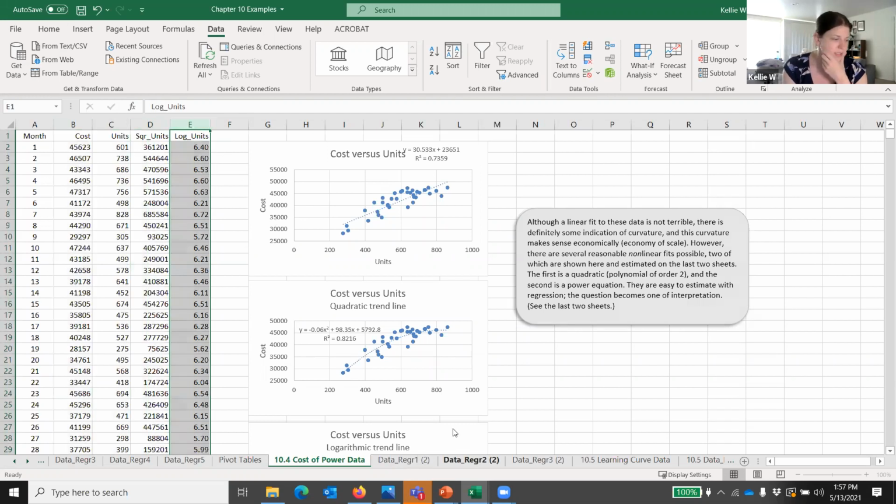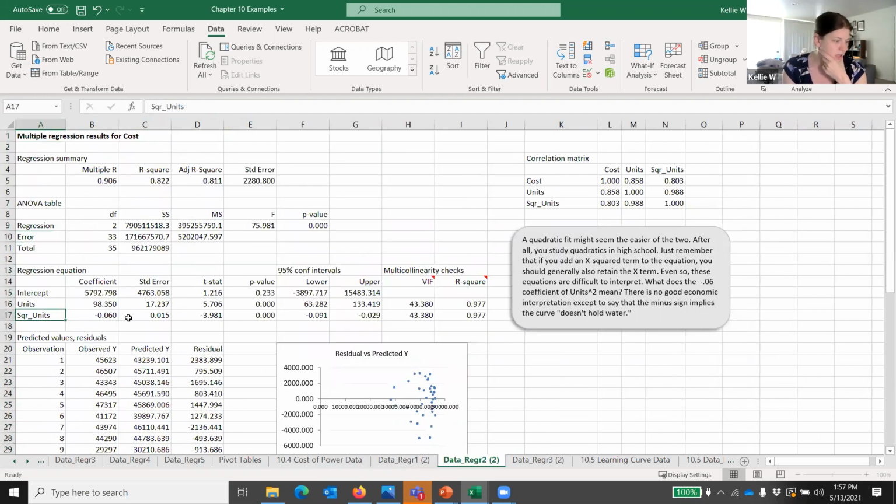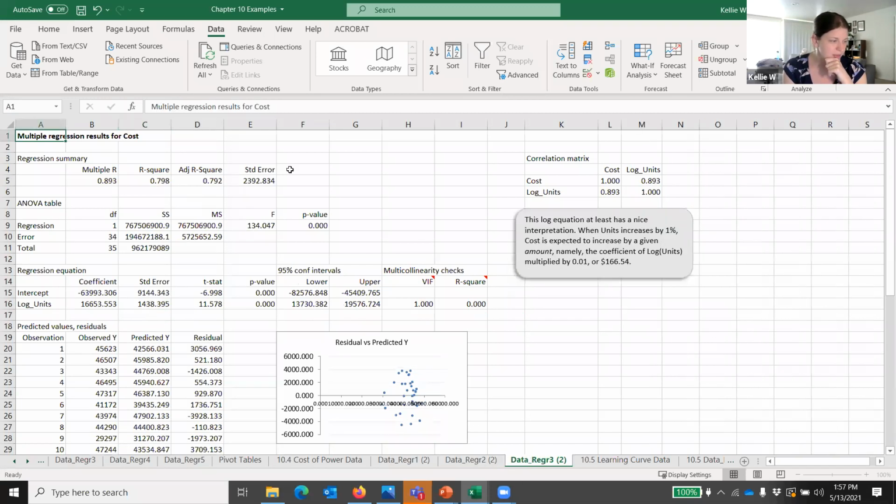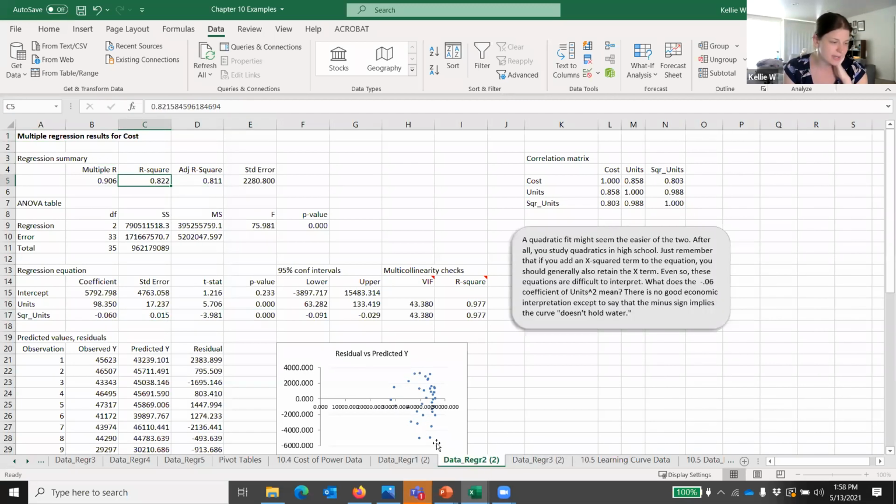So when they do the squared units, they get a slightly better r squared. And if you do it with the log units, you get slightly higher than the linear, but not as good as the quadratic, the squared.